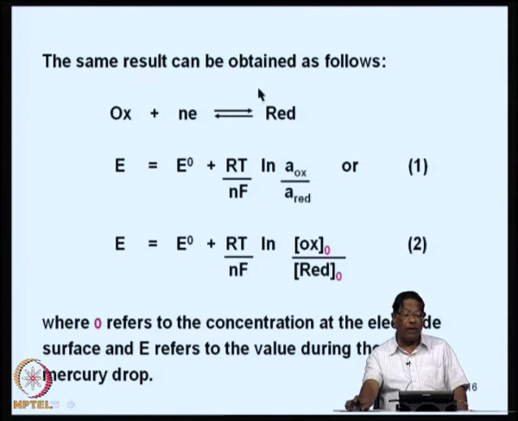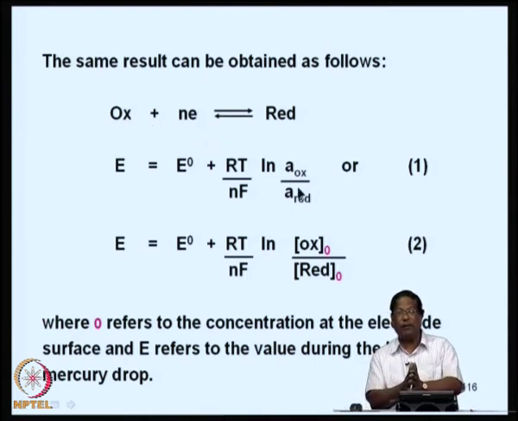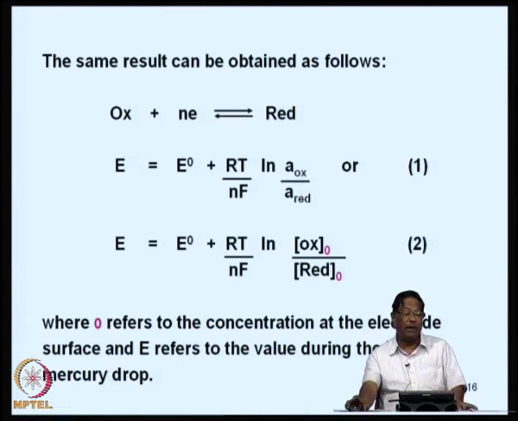So, the same result we can write it like this: Ox, the same derivation I am going to do in a slightly different fashion now. That is, Ox plus ne, oxidant plus n number of electrons, that gets n electrons goes to reduced species.